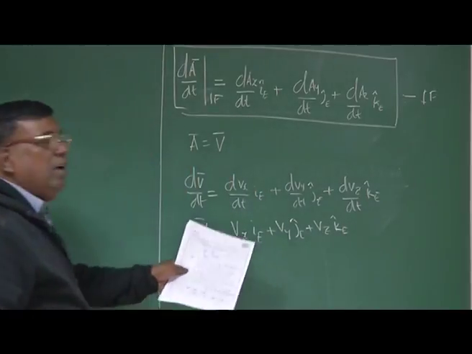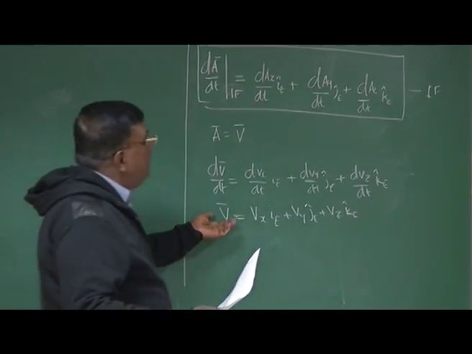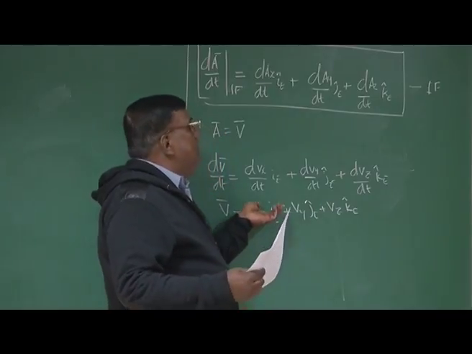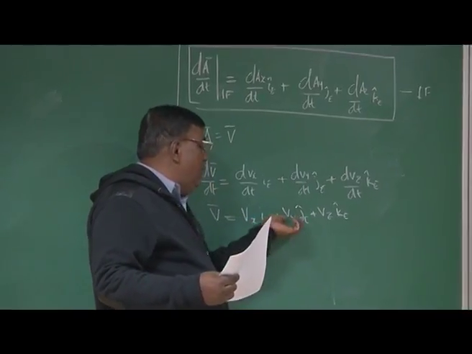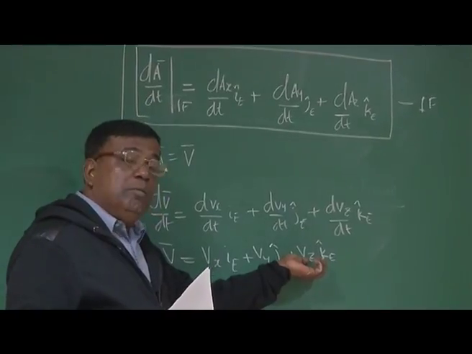So what are Vx, Vy, Vz? They are the components of V in the inertial frame: the X component is Vx, the Y component is Vy, and the Z component is Vz.